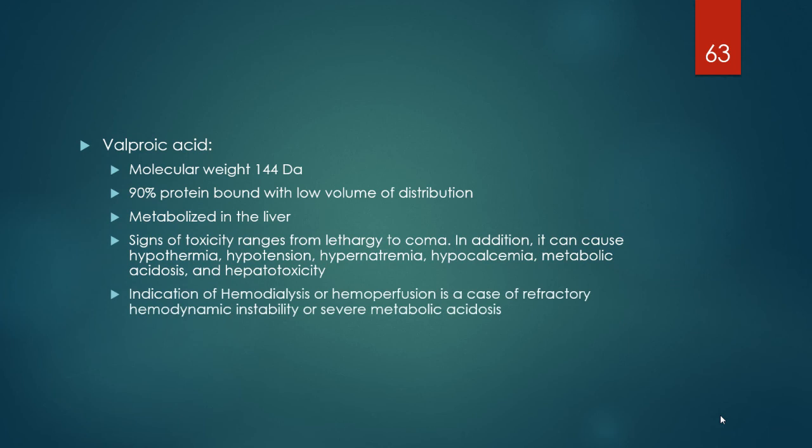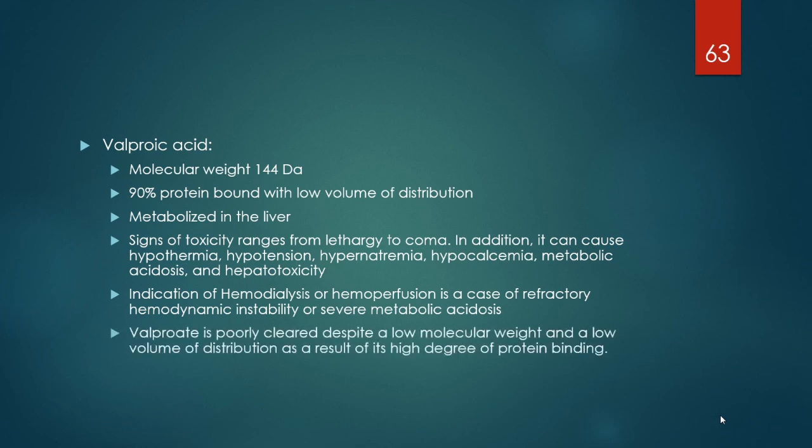The indication of dialysis or hemoperfusion is a case of refractory hemodynamic instability or severe acidosis. It's poorly cleared despite the low molecular weight and low volume distribution as a result of its high degree of protein bound.